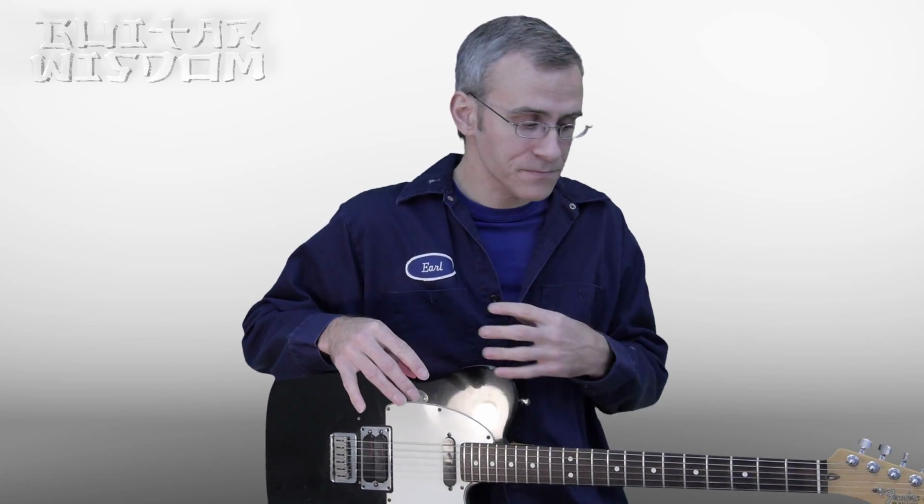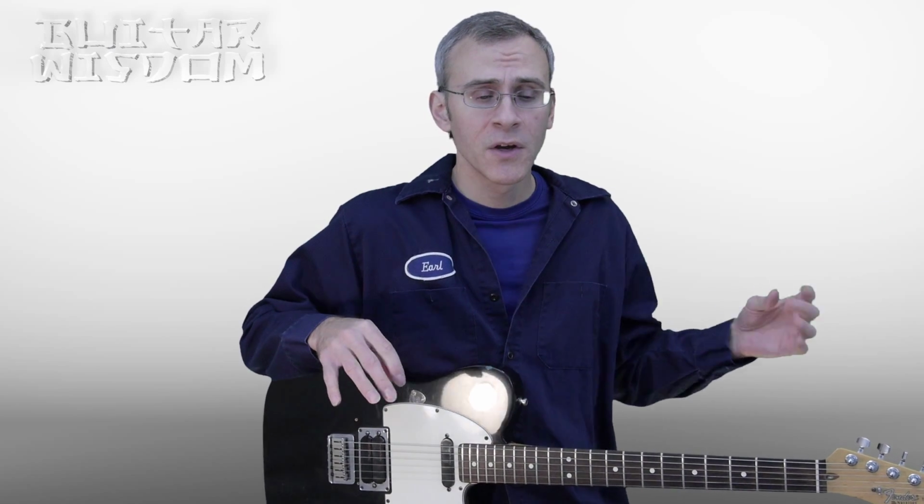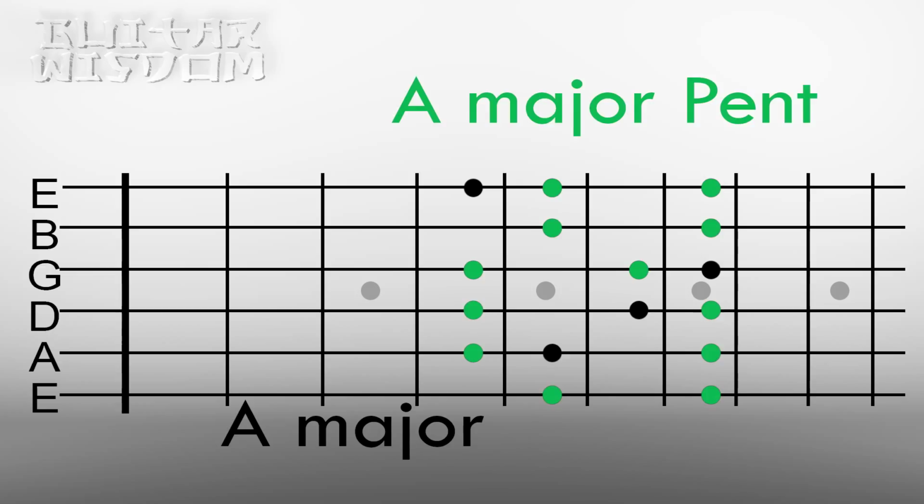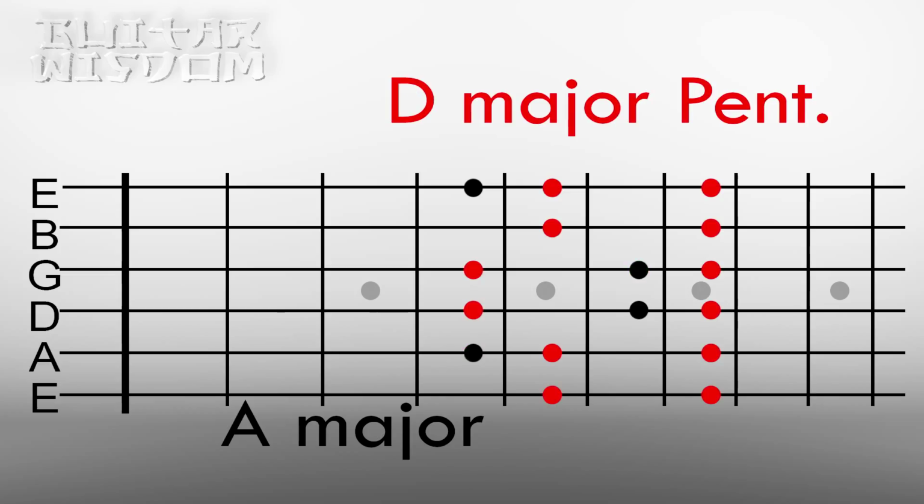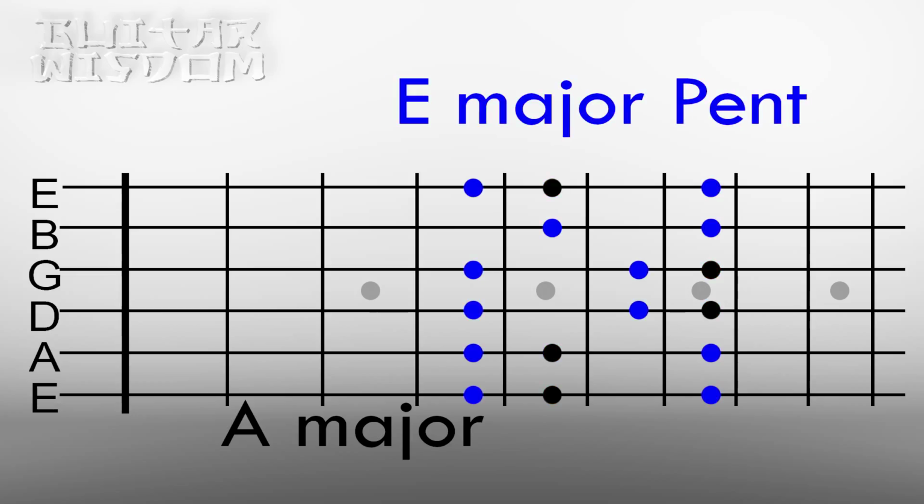Now, yes, they do remove the possibility of some of the interesting things that can happen with dissonance. However, they keep you from sounding like you're playing wrong notes because they take the half steps out. So here's a fascinating thing. At least I think it's fascinating. In the key of A, if I play A major pentatonic over the A chords, and then when the D chord comes, I play D major pentatonic, and then when the E chord comes, I play E major pentatonic.